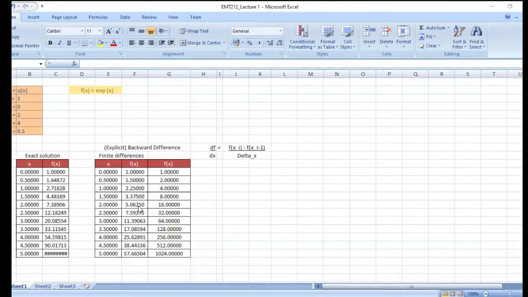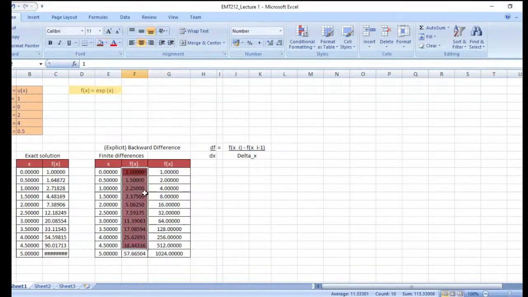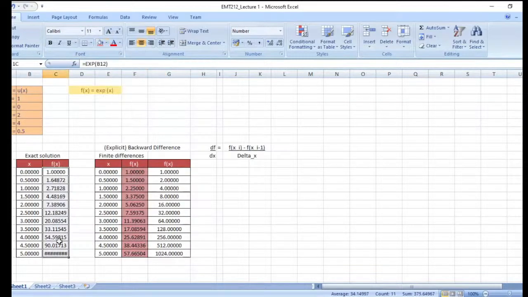The accuracy is very low. See this table. Just compare these two tables.